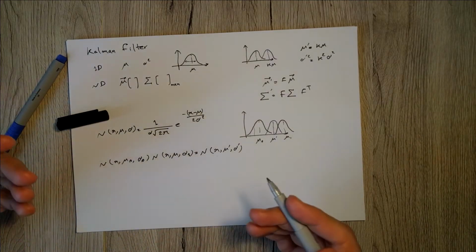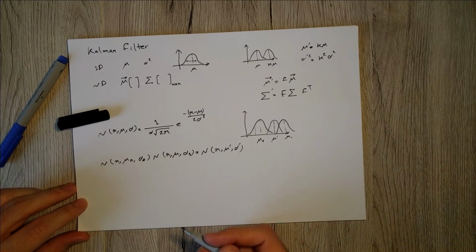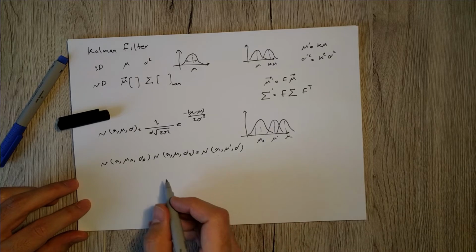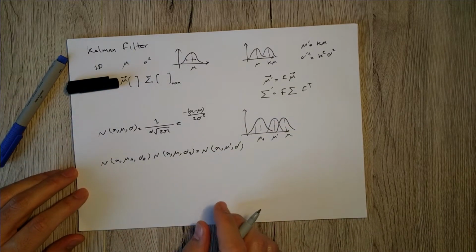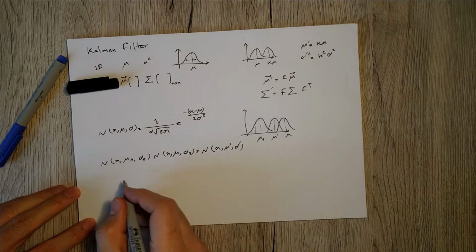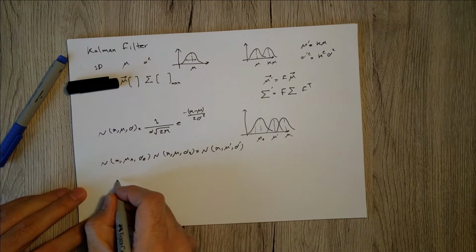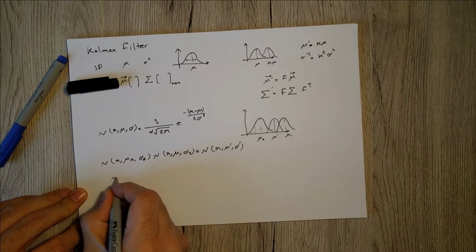The result is Gaussian, but we have to normalize it to be a valid PDF. Okay, if you do this, using some formula and the matrix inversion lemma, you can retrieve the new mean and new covariance based on these two, which I'm gonna write down for you here.